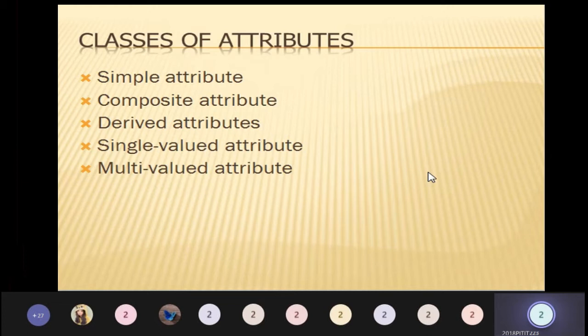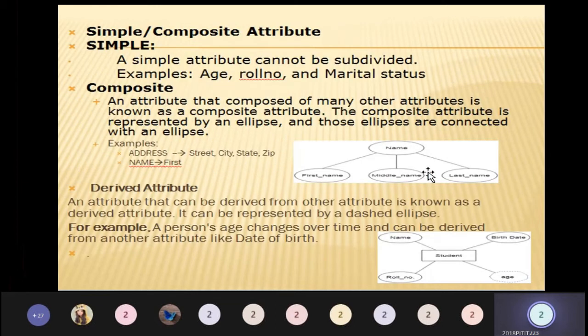So next let us see about the simple attribute. A simple attribute is an attribute composed of a single component with independent existence, which means that the simple attribute cannot be subdivided.